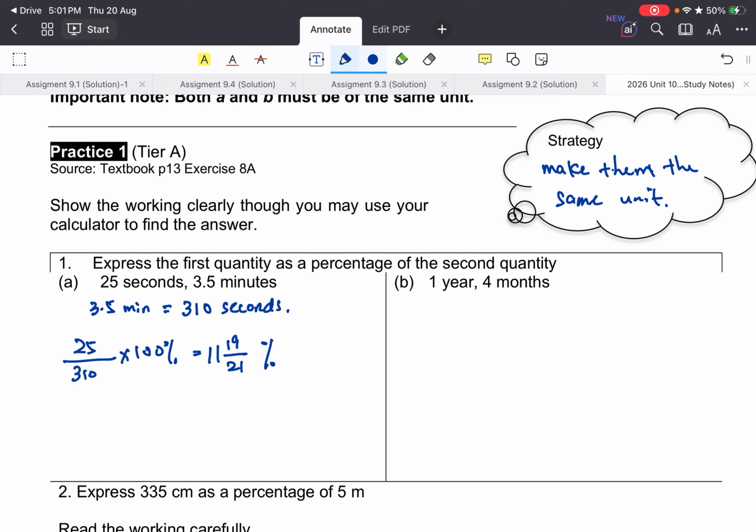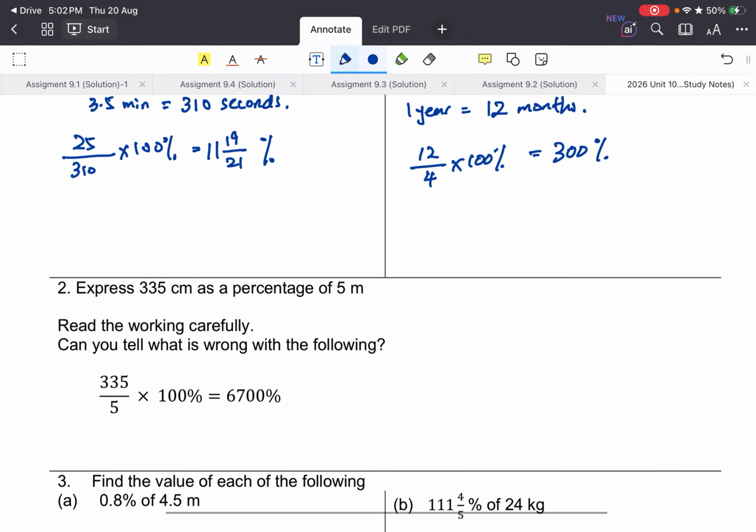Now, same here, over here, the year, I know that 1 year is actually 12 months. So this will give us 12 over 4 times 100%, which gives us 300%, right?